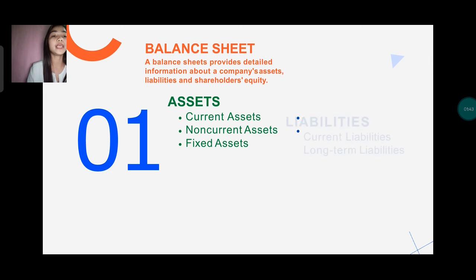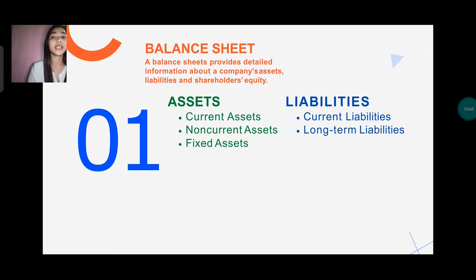Liabilities are amounts of money that a company owes to others, so they are generally listed based on their due dates. Liabilities are also said to be either current liabilities or long-term liabilities. Current liabilities are obligations a company expects to pay off within the year.